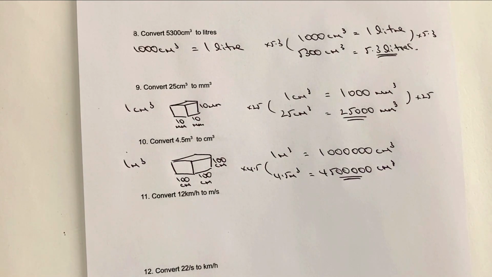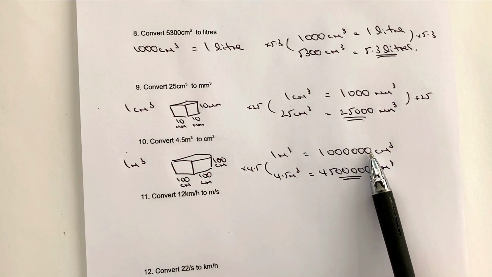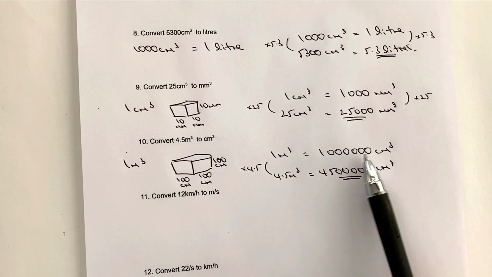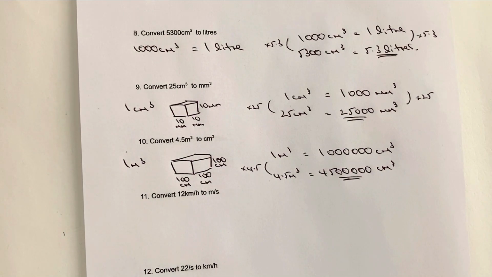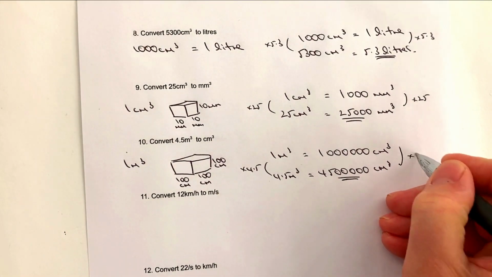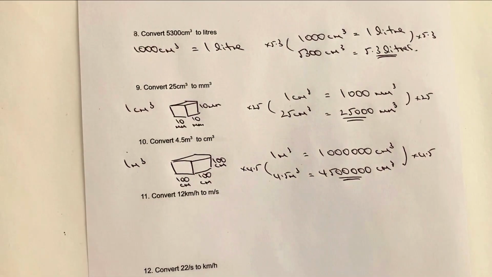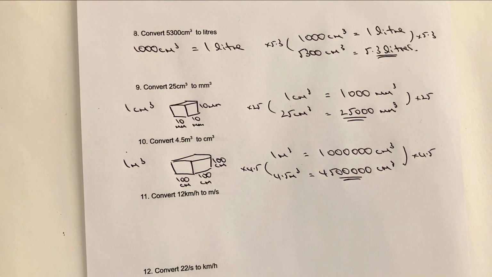So hopefully you get the idea that if you draw yourself a little sketch, it can be really helpful, and then make sure that you do these calculations accurately. And then I would just say, well, I'm multiplying by 4.5, so I'm going to multiply both sides by 4.5, and that will give me the answer to my particular question.